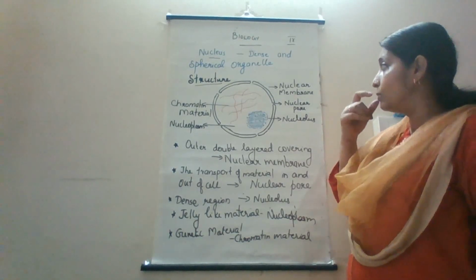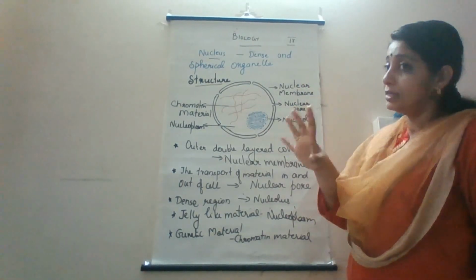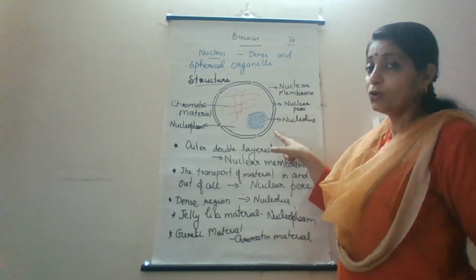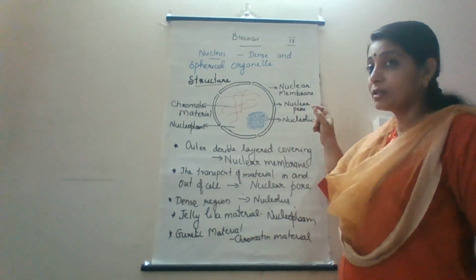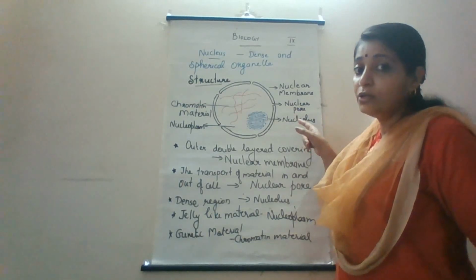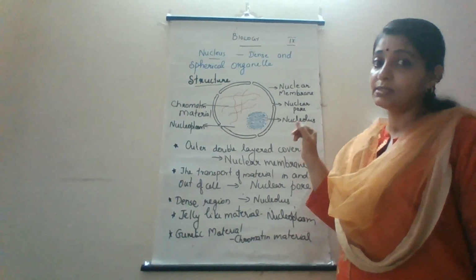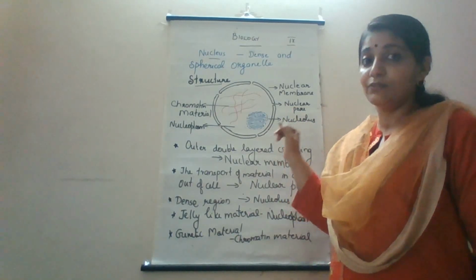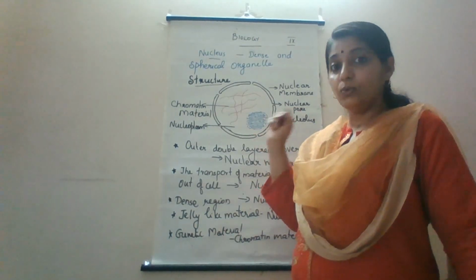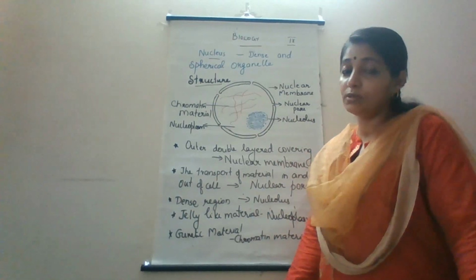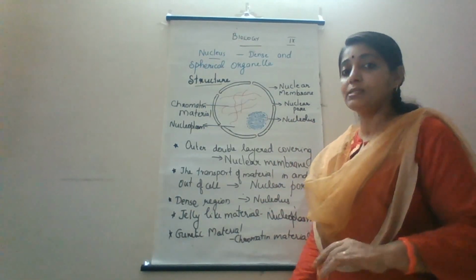The nucleus is a dense spherical organelle. It has several parts: the outer double layered membrane called the nuclear membrane, which has nuclear pores in it; the nucleolus, the dense round region present in the nucleus; and the jelly-like fluid inside the nucleus called the nucleoplasm.